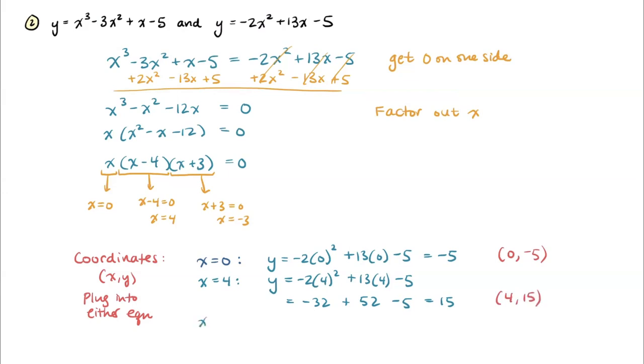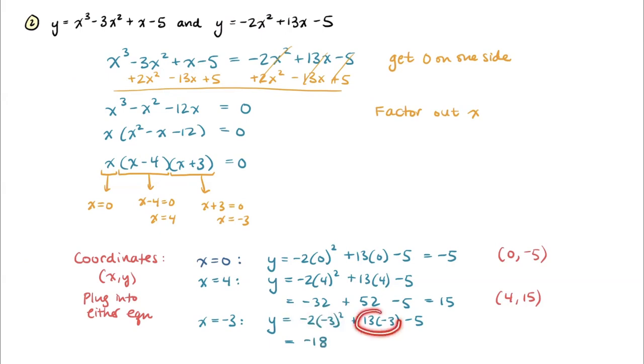All right, last but not least, we've got negative 3. Negative 2 times negative 3 squared plus 13 times negative 3 minus 5. Negative 3 squared happens first, so that'll give us 9. Then we're going to multiply that by negative 2, and so that's negative 18.